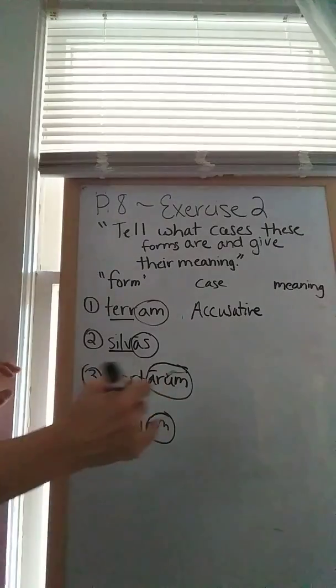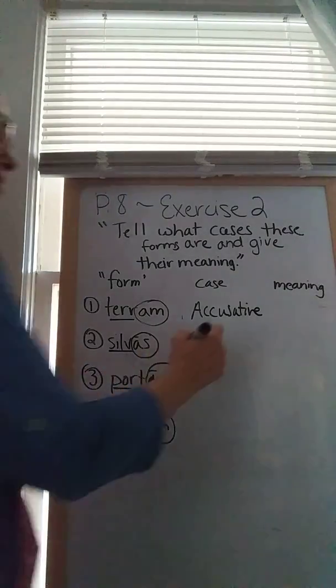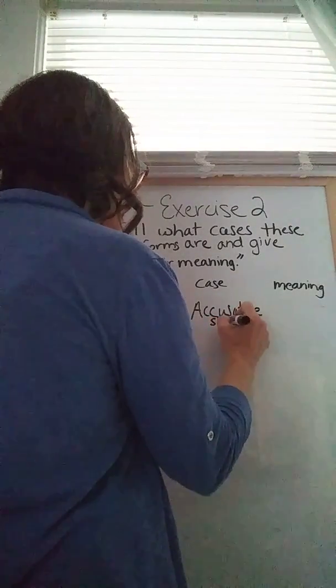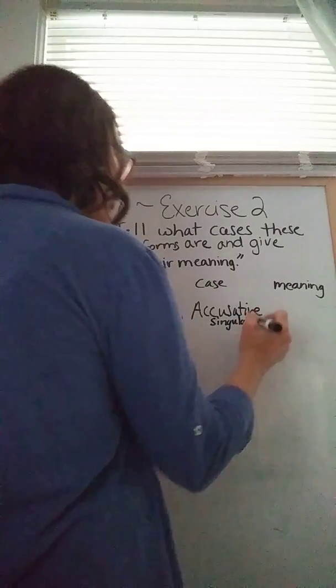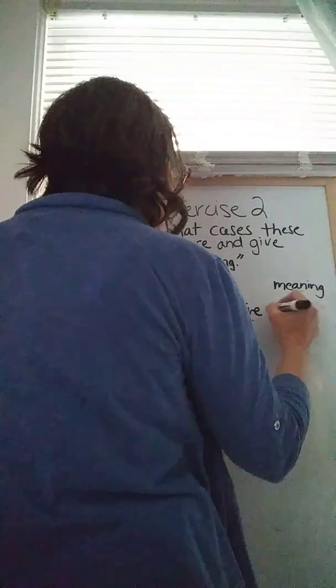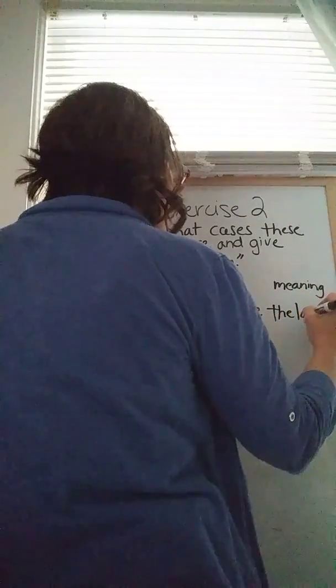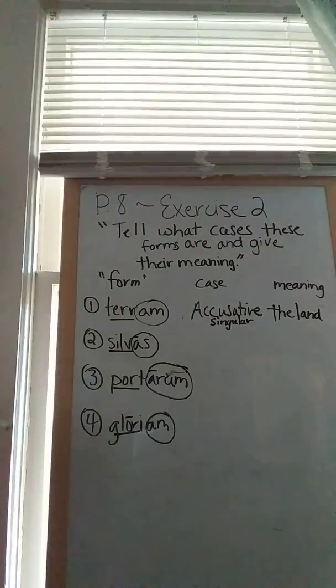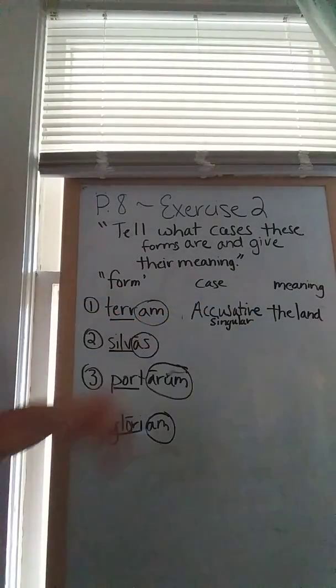And then we can look at the meaning. It's actually accusative singular. That's important. And the meaning of the accusative singular is the land. So teram is accusative singular, and it means the land.